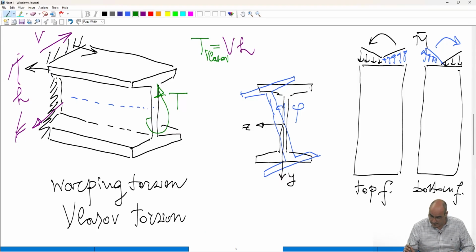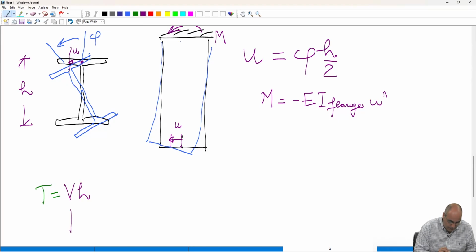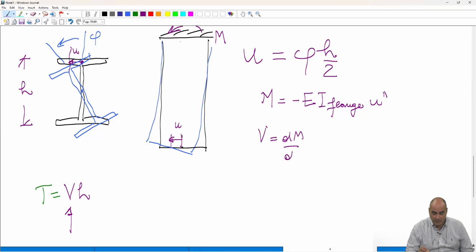So how can I calculate V? Because this is what I need. I need T equal to V times h. So I need V. V is dM over dx.